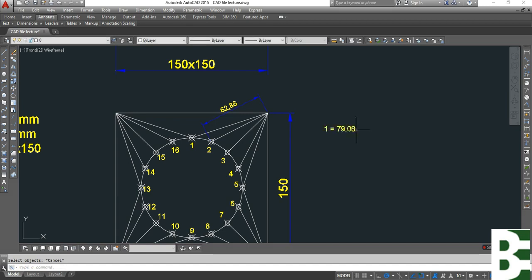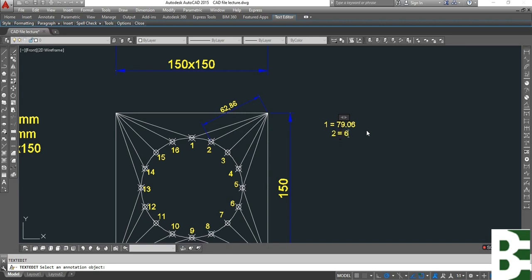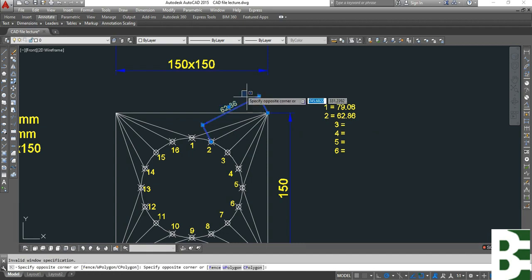This is number 2, 62.86, and number 3, number 4 and number 5, because all other dimensions are the same in the same way.